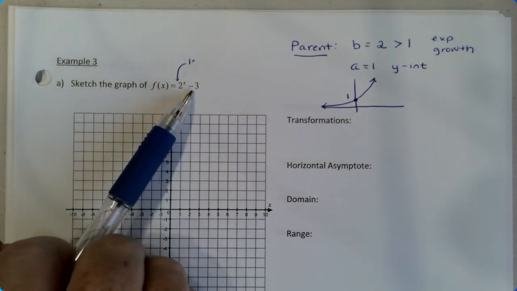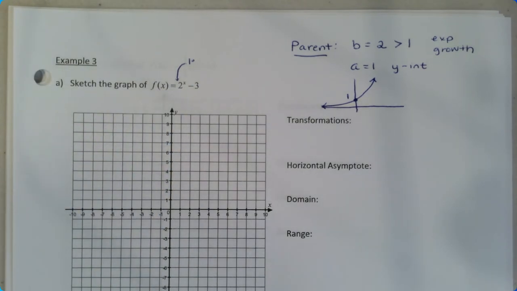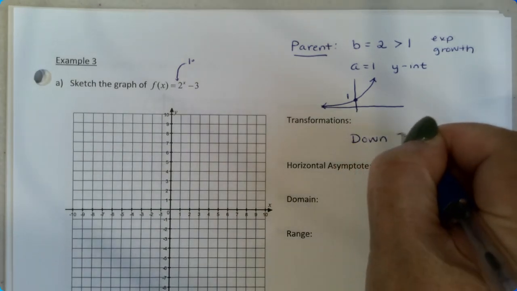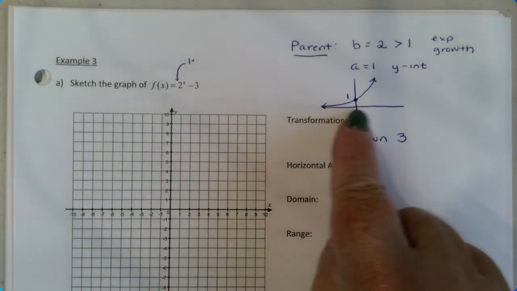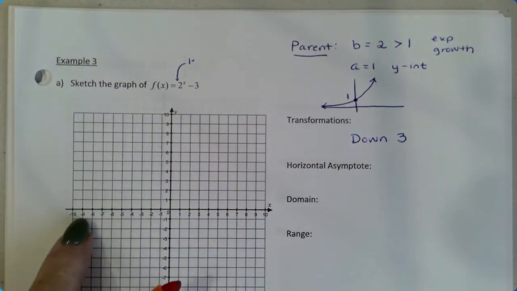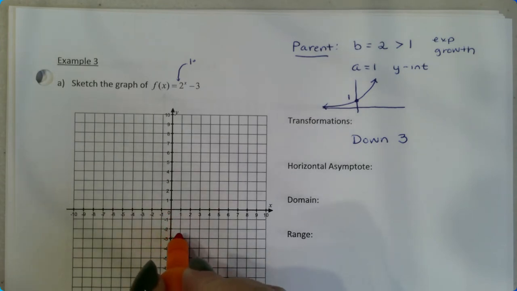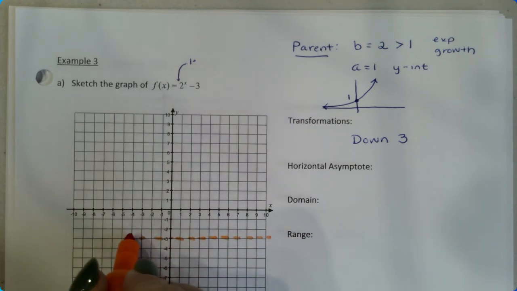All right, now let's start talking about transformations. The only thing that's been done to this is the -3, and that is not inside the function. It was done outside, so it's a vertical shift, down 3. So I'm going to do my shifting right now. I'm going to say, to shift the horizontal asymptote, which was on the x-axis, down 3, I'm just going to draw my little dotted line here down at -3 this time.